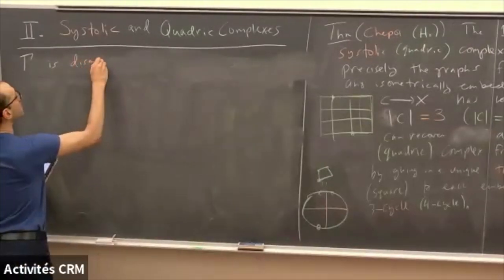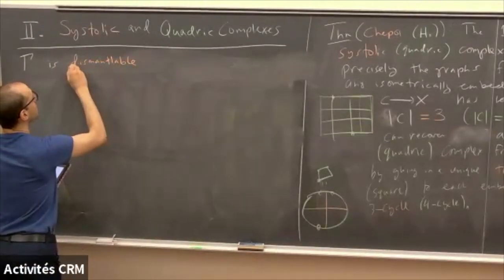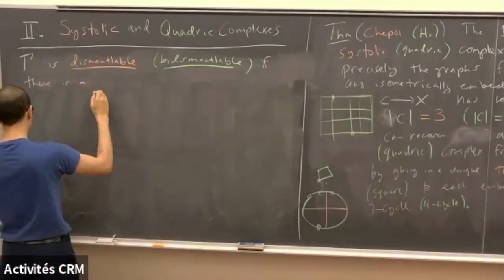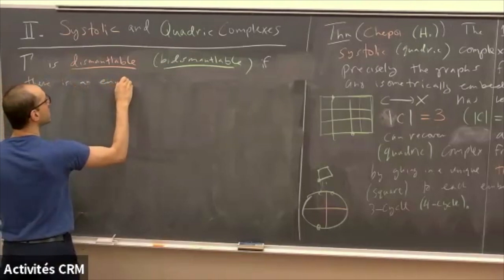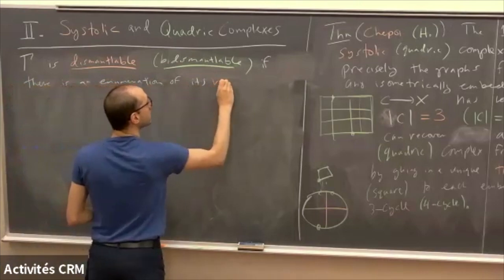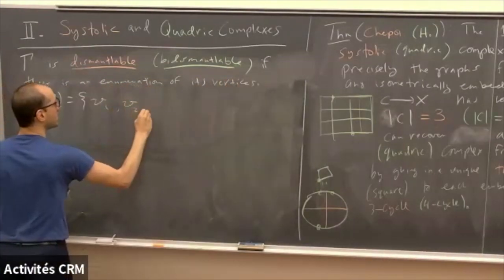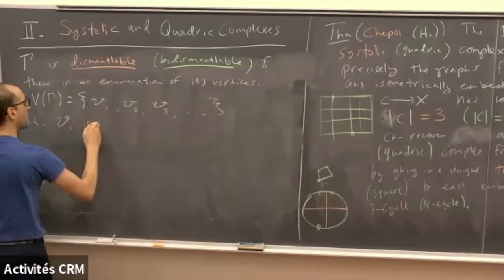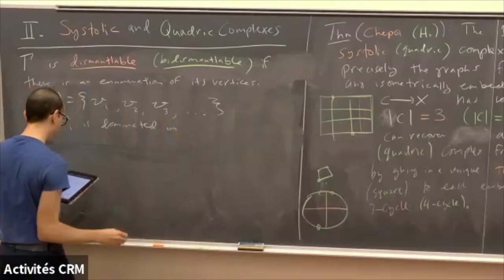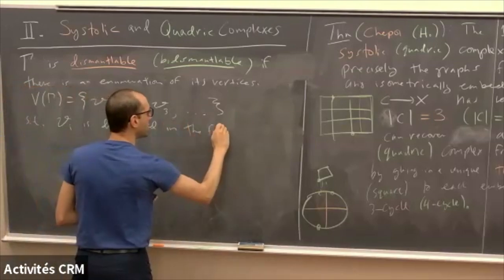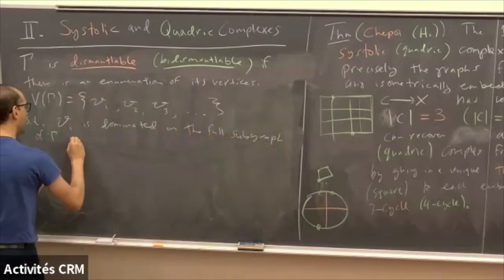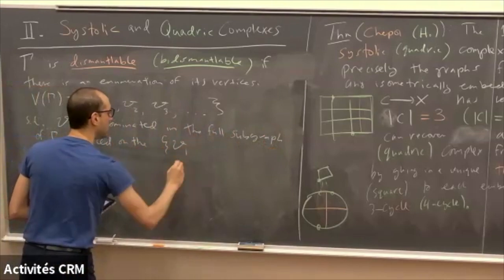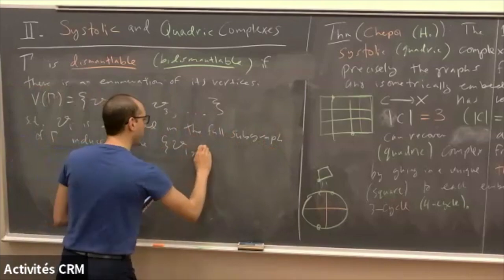Gamma is dismantleable, or bidismantleable, if there is an enumeration of its vertices, V1, V2, V3, and so on, such that Vi is dominated in the full subgraph of gamma induced on the prefix.